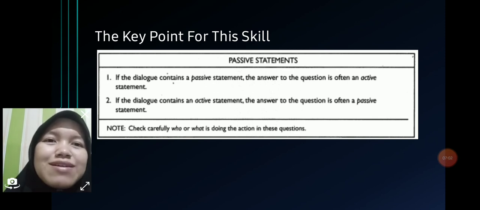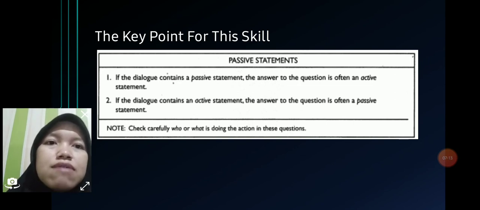First, if the dialogue contains a passive statement, the answer to the question is often an active statement. If the dialogue contains an active statement, the answer to the question is often a passive statement.